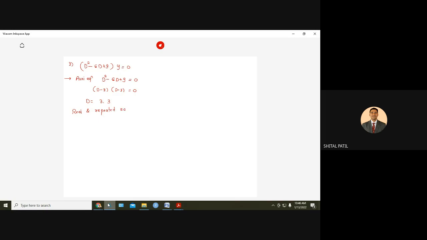Repeat it. Yes, use this formula. We can write the solution in this way also.